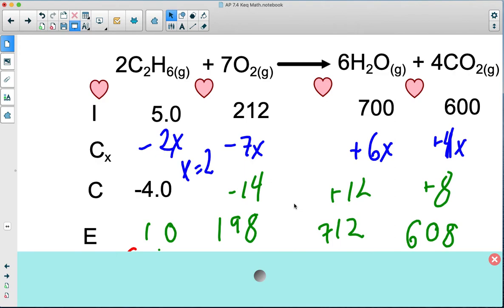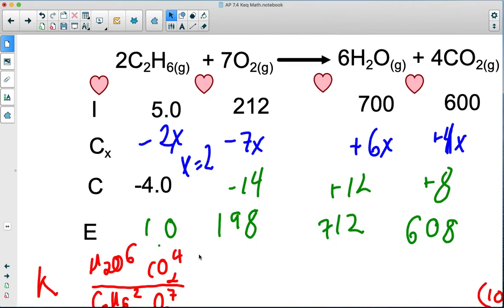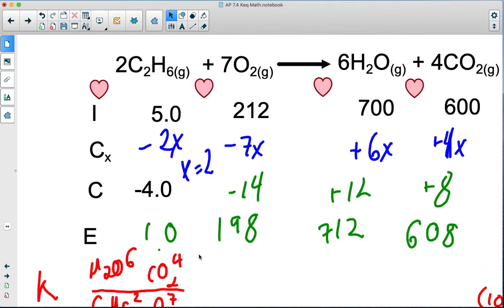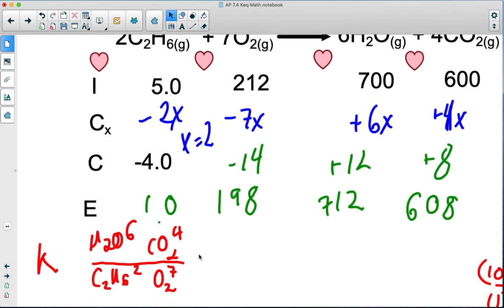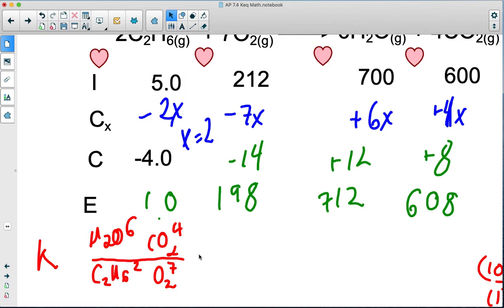Now it's a matter of putting them into a much more beastie, gnarly equilibrium expression. Our equilibrium expression is H2O to its coefficient, to the 6th power, CO2 to the 4th power, C2H6 squared, and O2 to the 7th. So we've got lots of math we get to do here.